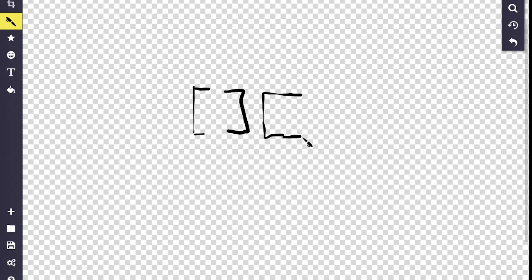Let's try this again. This is what an uppercase square bracket looks like. I'm not going to draw the other one because that was already very hard to draw, but you get the point. I don't have to redraw a reverse thing because you already probably know what it's going to look like.